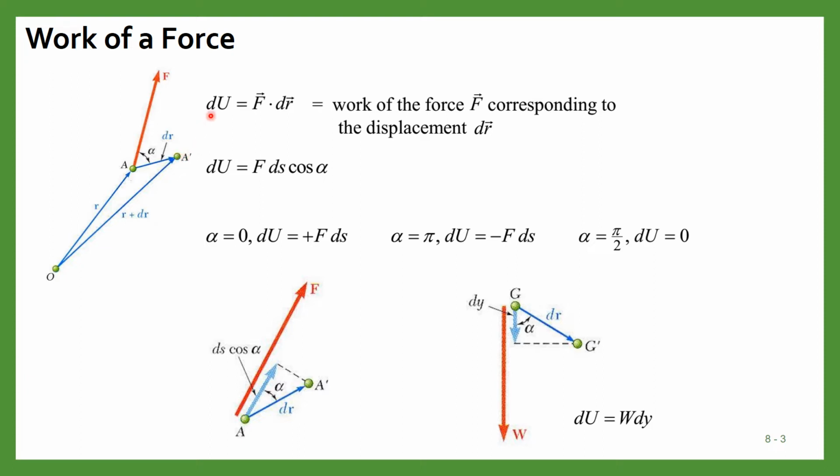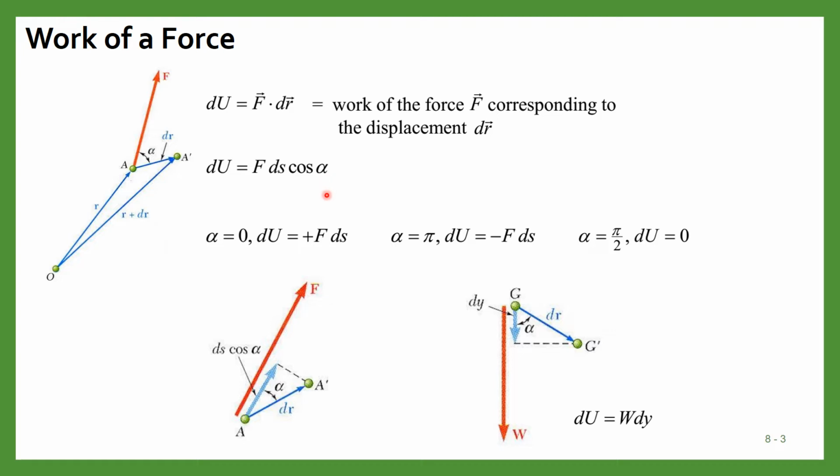Then the work of this force will be given as F dot dr, the dot product of the force and displacement, which we can also write as dU equals F ds cos alpha, as you already know how to open the dot product.